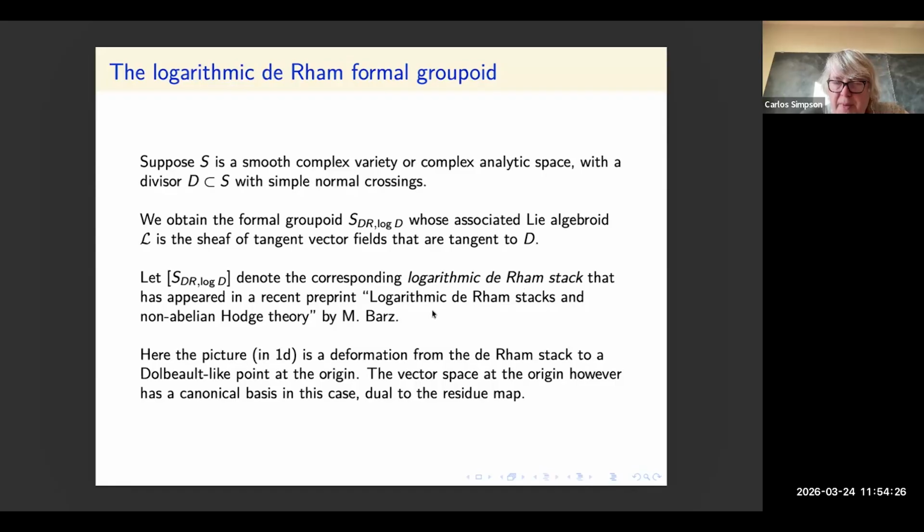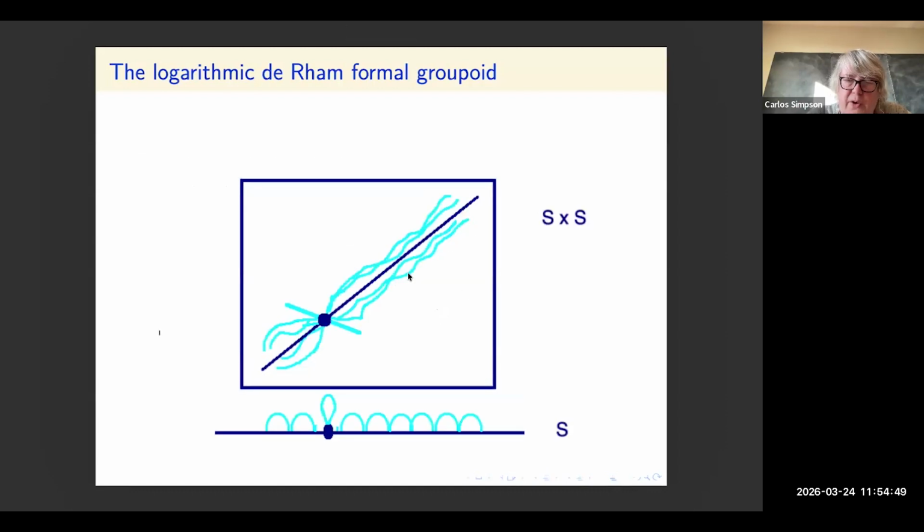We can draw the picture in one dimension again, somewhat similar. It's in some way a deformation from the de Rham stack to some Dolbeault type of stack at the origin. Although it should be noted that the fiber at the origin is not the tangent space, it's actually the logarithmic tangent space, which has the canonical basis vector. So that's not exactly the Dolbeault space. But anyway, the picture is this.